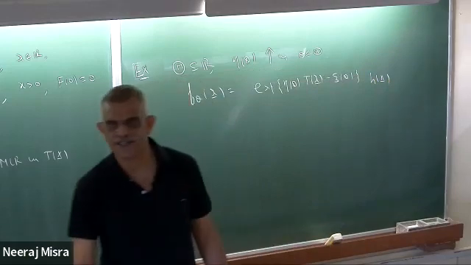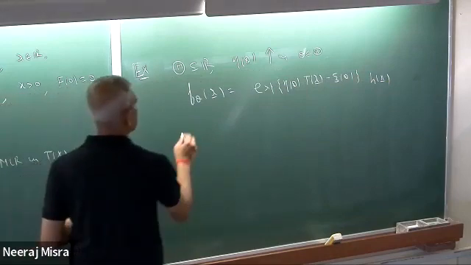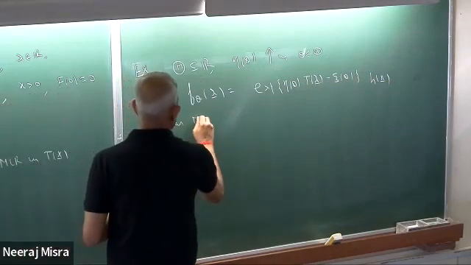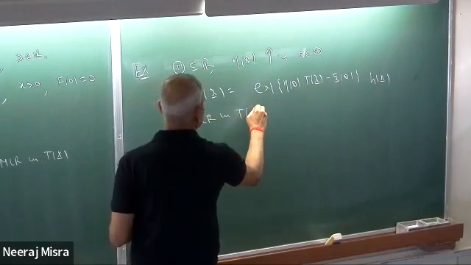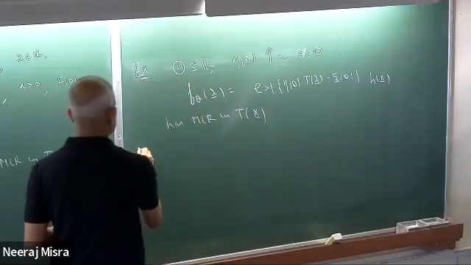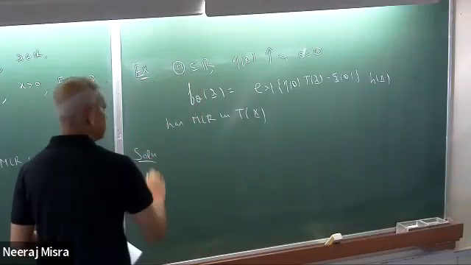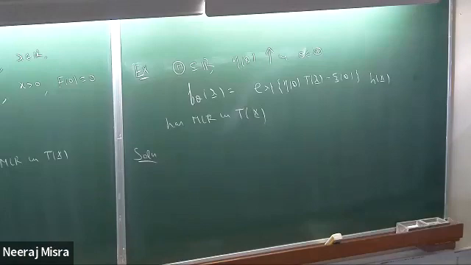A lot of families we have seen are of this type. It has MLR in T(x). So any exponential family of this type, where eta(theta) is an increasing function, would have MLR.